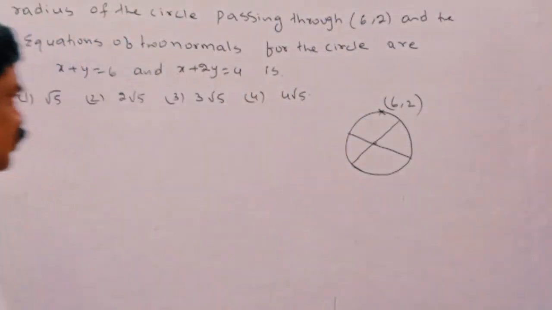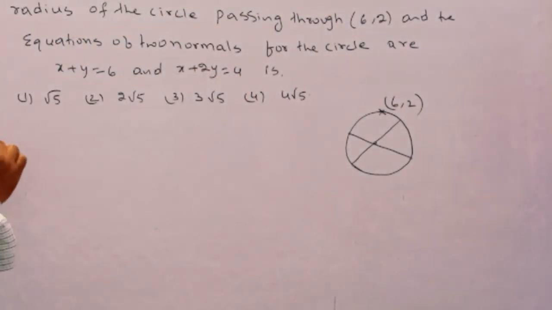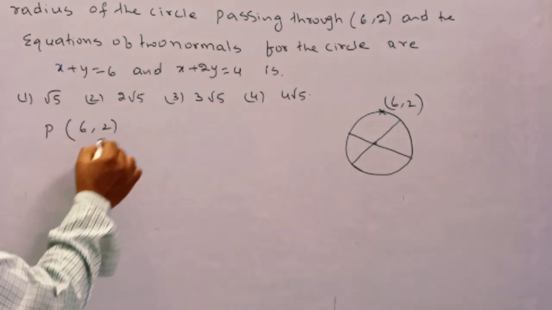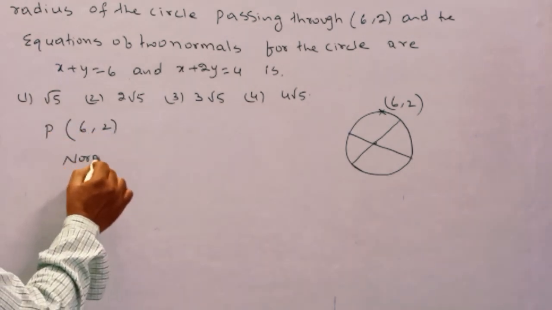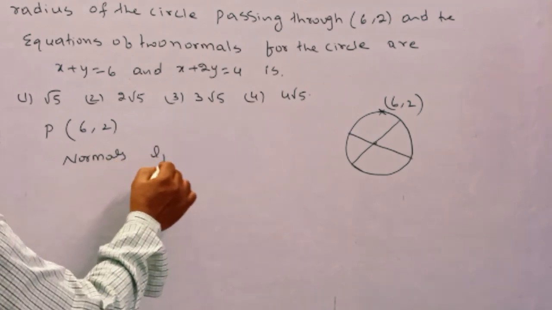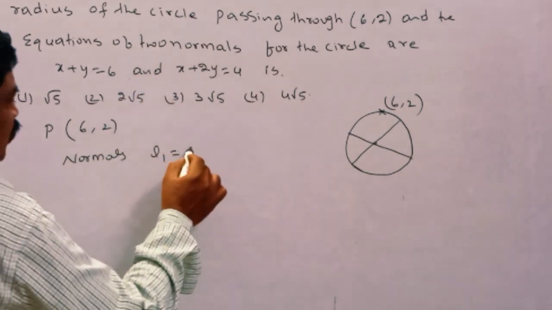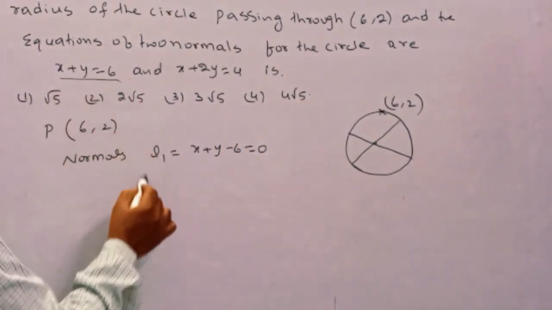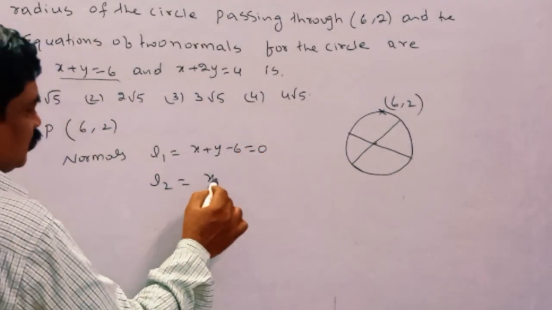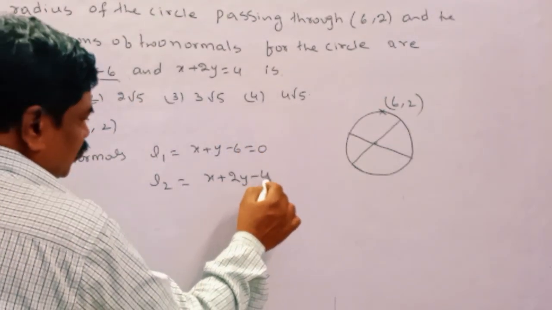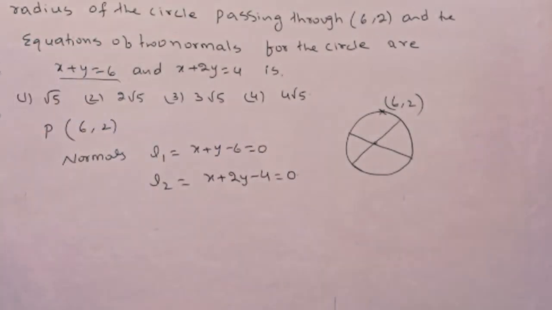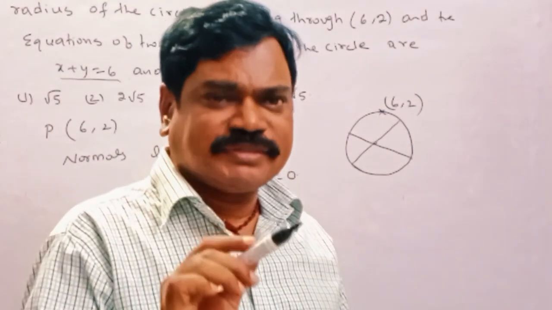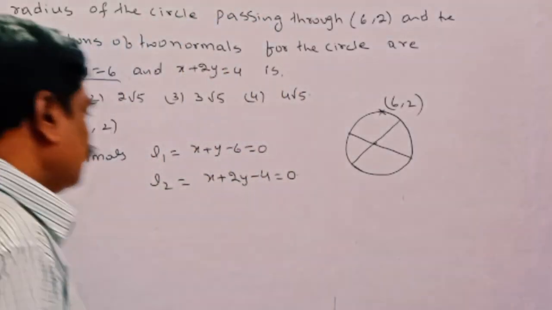So here point P is given, P is 6 comma 2. Normal L1 is x plus y minus 6 equal to 0 and L2 is x plus 2y minus 4 equal to 0. By solving these two normals, we get the center of the circle.